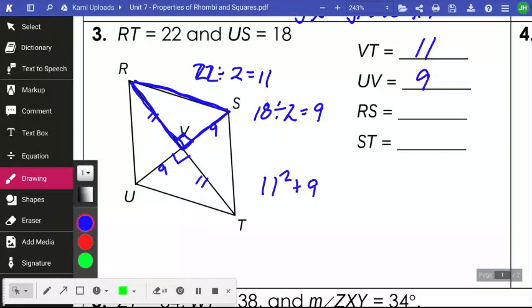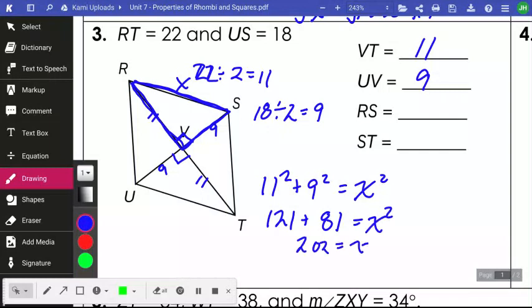They'll be together equal to x squared. And so we'll let this hypotenuse be x. So I will simplify. Square root both sides after you get them added, and I'll get x is approximately 14.2.